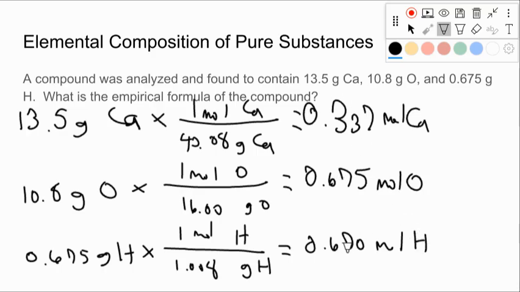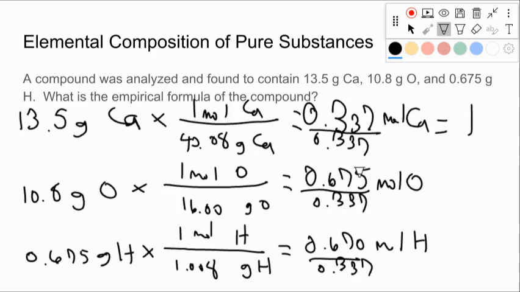Then I figure out which one of these is the smallest and divide by it. So 0.337 is smaller than the other two numbers, so this one's automatically 1. 0.675 divided by 0.337 gives me 2.00, which, based on my rules, I would round to just 2.